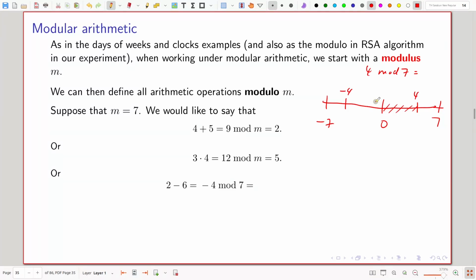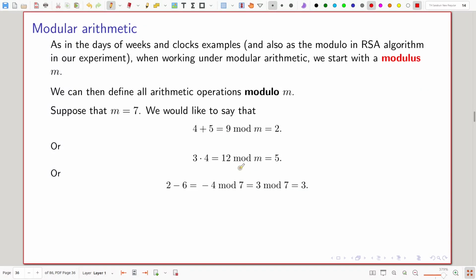So you divide minus 4 by 7, the result will be minus 1. And the remainder is 3. So the remainder has to be what is left. Okay, so minus 4 mod 7 is 3.